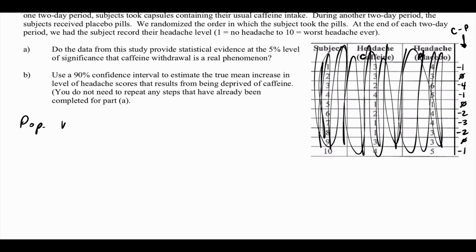So population parameter. It's always going to be sub D, because sub D is the differences. Okay?